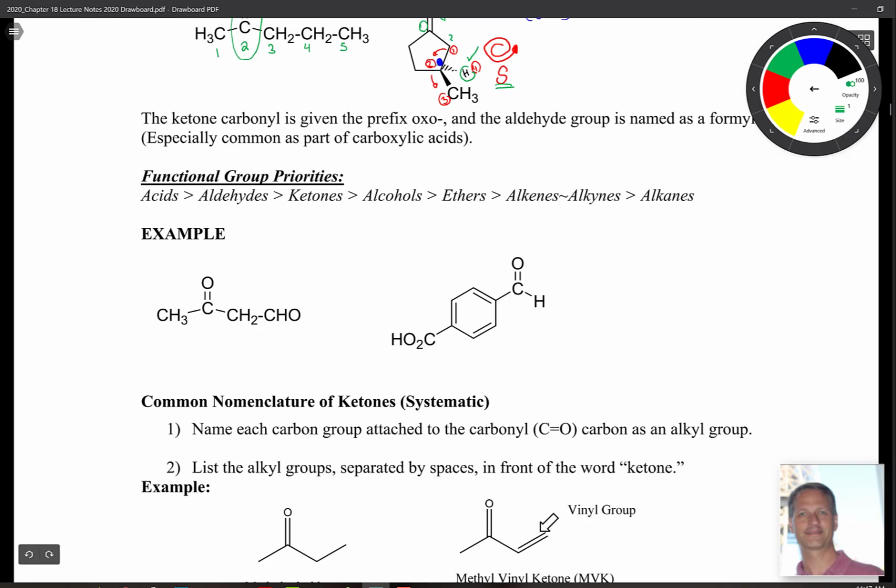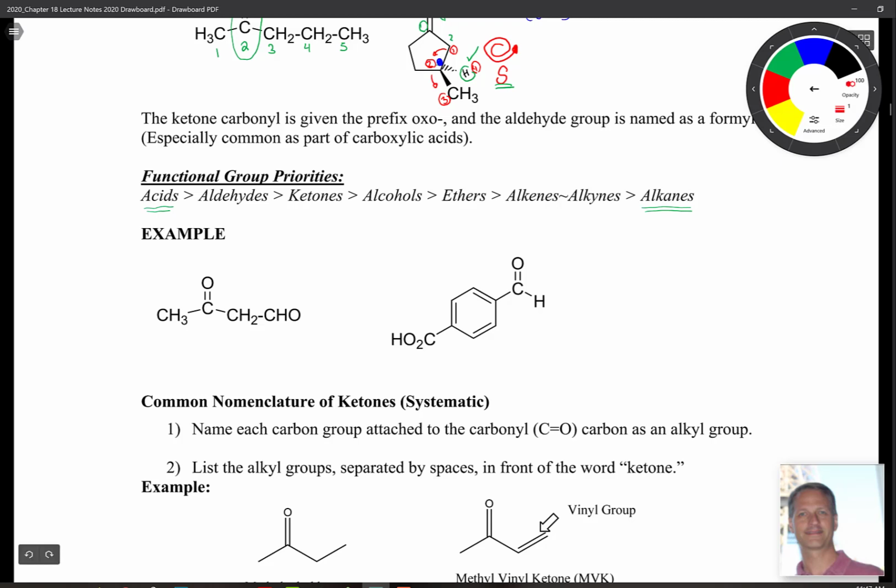So as a general flow of ordering our priorities for our functional groups, over on this end we have higher priority functional groups going down to lower priority groups for nomenclature. So acids includes things like carboxylic acids.